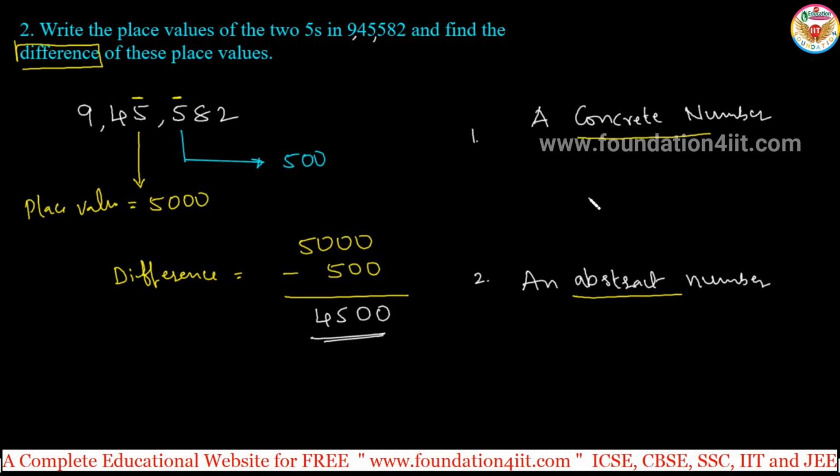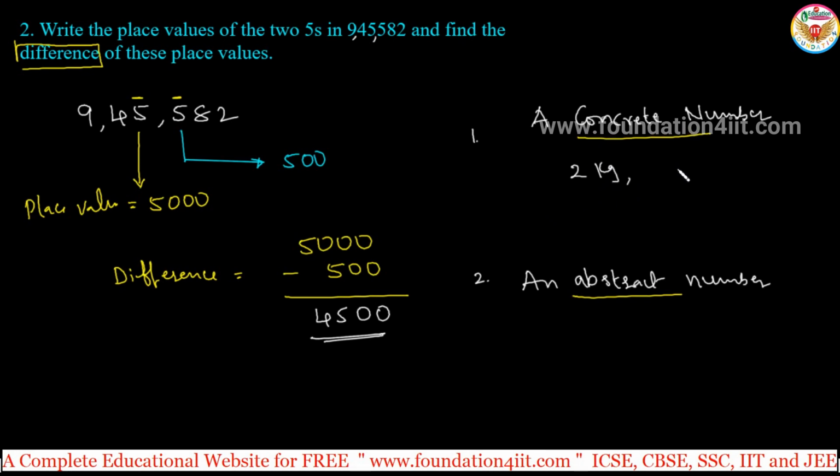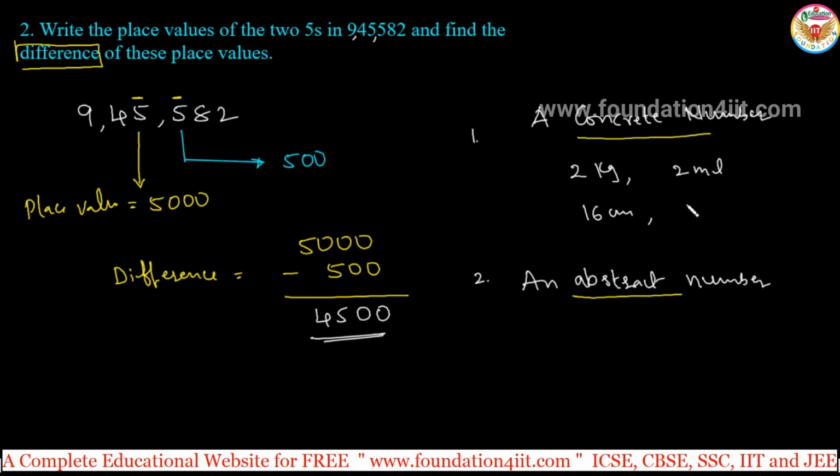When you come to concrete number, this is a number which refers to a particular unit and it's meaningful. For example, 2 kg or 2 milliliters or 16 liters. Any units you can take, or 16 centimeters, length, weight, or 30 cubic centimeters.